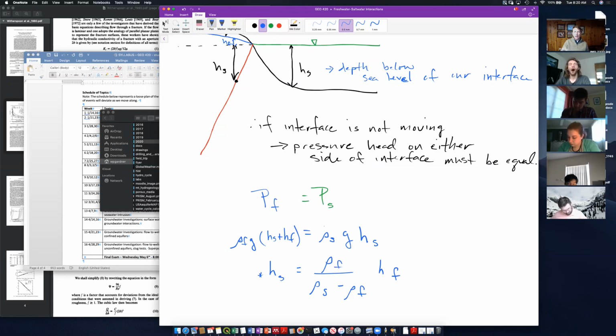So at any place here, if I know the elevation of my water table above sea level, I can predict the depth of the interface.